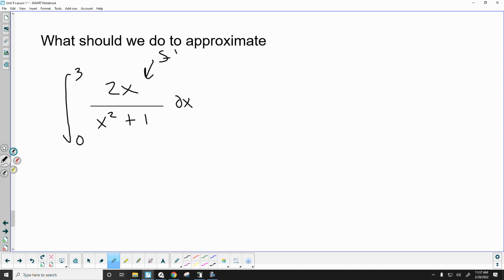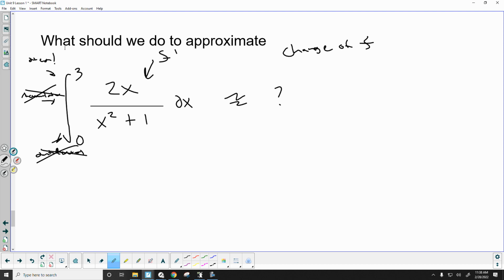I'm going to get an approximation, and what that means is it's a change in F, a displacement of F. Now, I don't have a calculator, so I can't do the whole accumulation my calculator shows me. I can't take the antiderivative. I still want to approximate the area. What does that area tell me? The change in F.